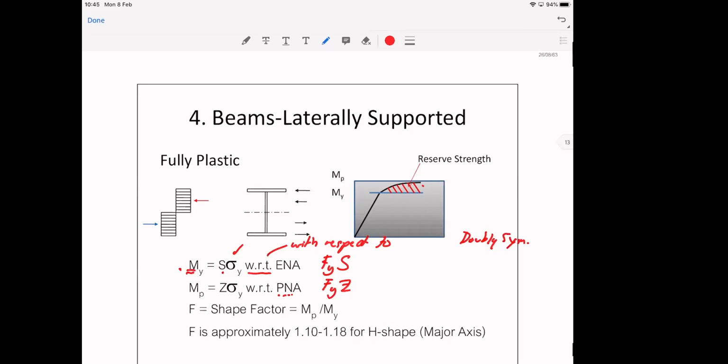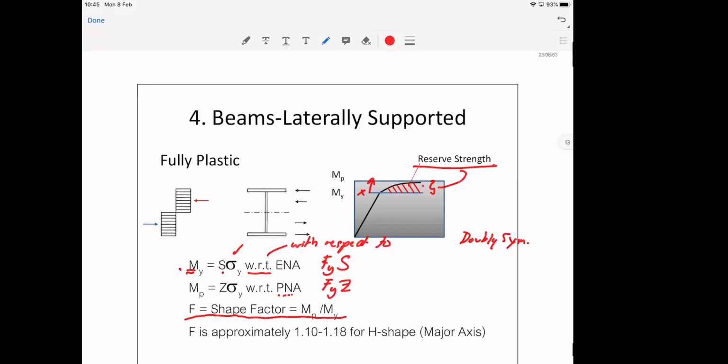Okay. One more thing you need to know is that once you reach My, you can continue to load your beam until it reaches MP. This is what you may call a reserve strength once the first yield occurs. We identify our reserve strength by calculating the shape factor, which is MP over My.